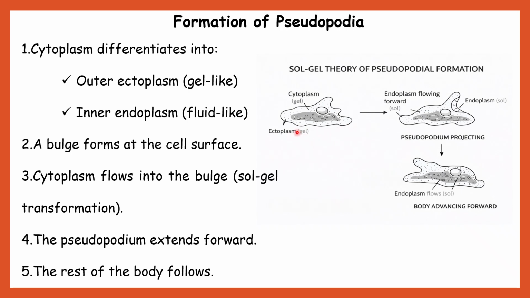What actually happens is, amoeba is an aquatic animal, so water starts entering the body of the amoeba, and because of this the ectoplasm, which is a jelly-like solution, turns into a very thin fluid-like thing.